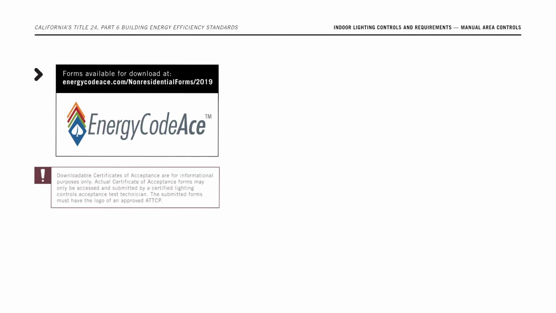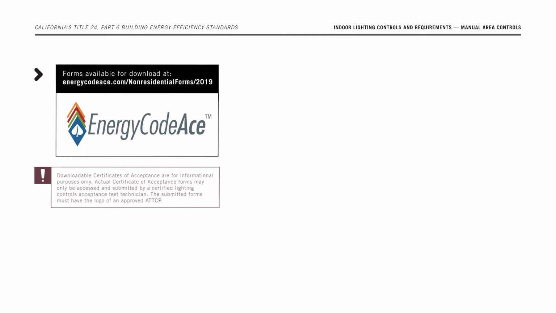All forms are available for download as PDFs on www.energycodeace.com. Note: downloadable certificates of acceptance are for informational purposes only. Actual Certificate of Acceptance forms may only be accessed and submitted by a certified lighting controls acceptance test technician.